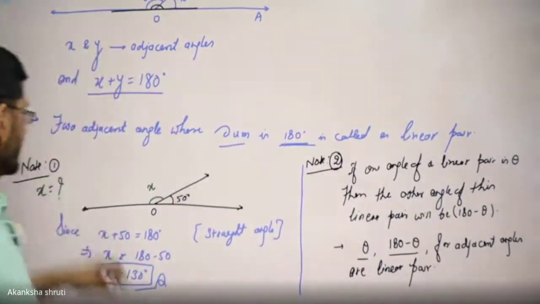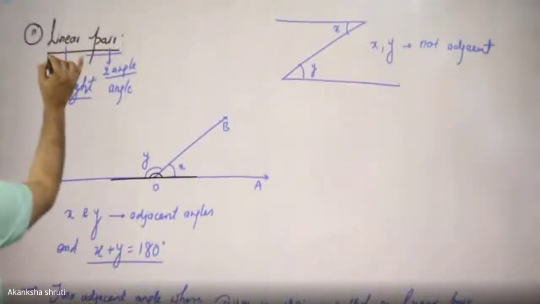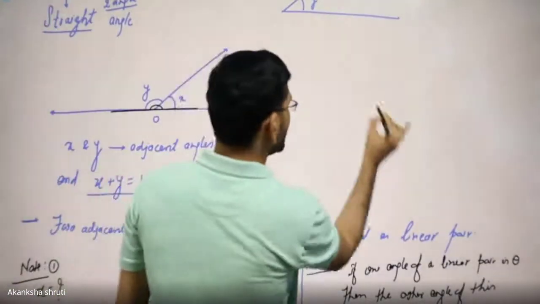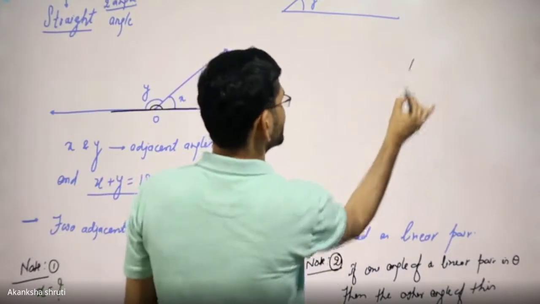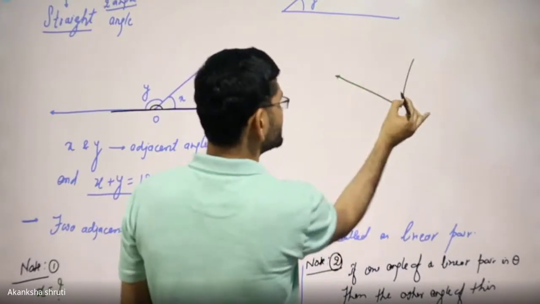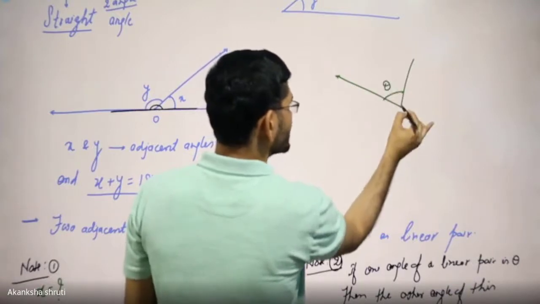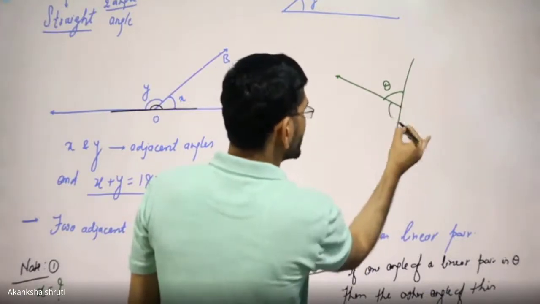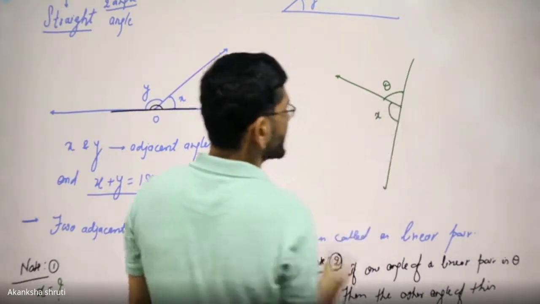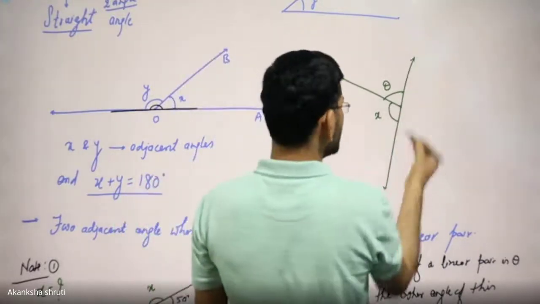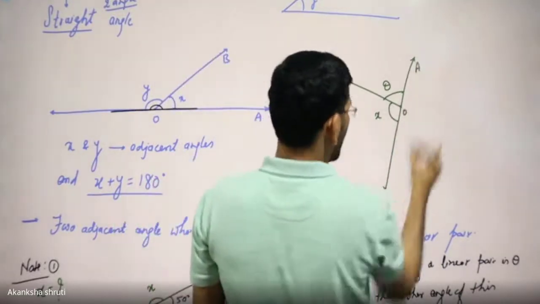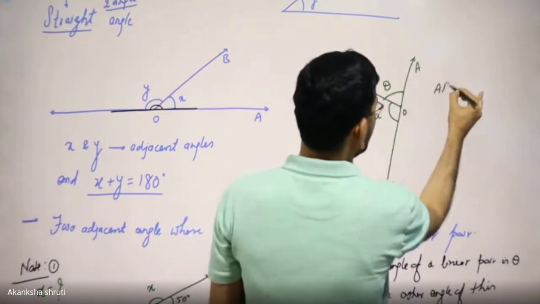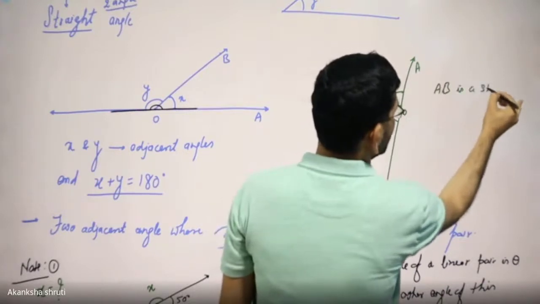Again, keep in mind, students, while we are talking about the linear pair, surely we shall take the two angles which should be adjacent. It may be possible that one angle is like this one and the other angle is this one. Consider this as x. In this case, even this A and B is forming the straight line. So AB is a straight line.